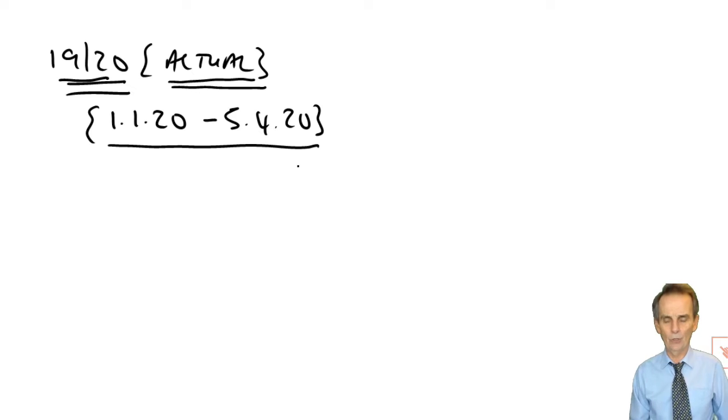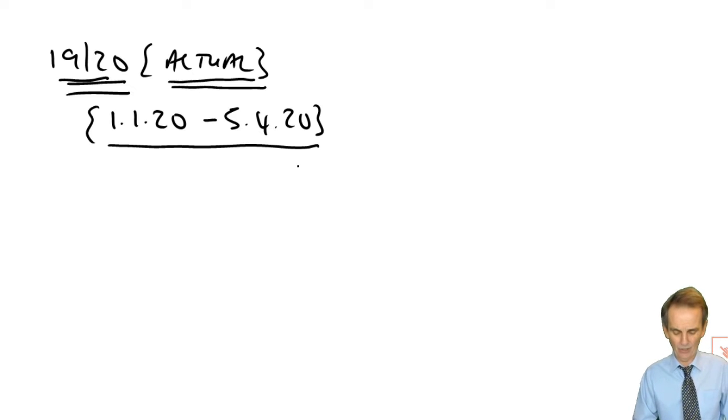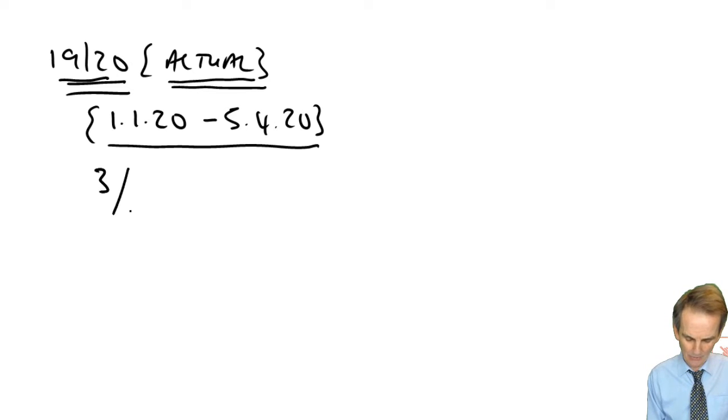Now all I've got to do is to put that into practice. Remember, we do apportionments to the nearest month, so that is effectively the first 3 months of the year, January, February, March. We don't do daily, we do monthly apportionments. So that period is 3 months.